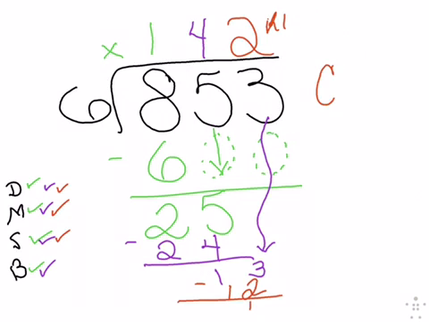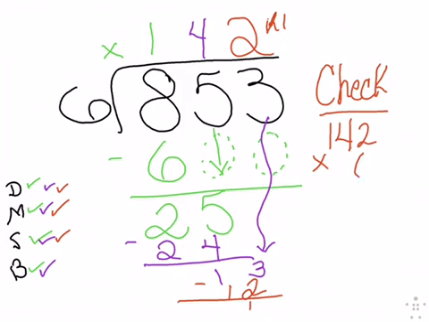I take my check. Get yourself ready for your check. Take your quotient, which is your answer in division, multiply it by your number of groups, which is 6. Hopefully you're keeping up with me or moved ahead because I'm going really slow.